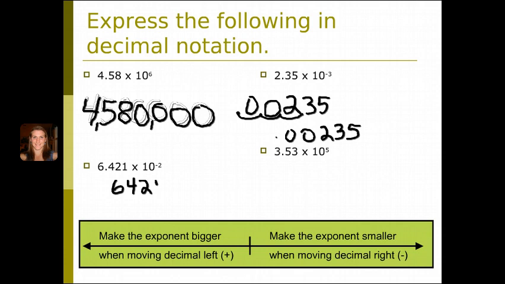The decimal was here originally, and if I'm going to move it to the left 2 places, the new place is right there, and I fill in a 0 for the placeholder. And I can rewrite my number as 0.06421.